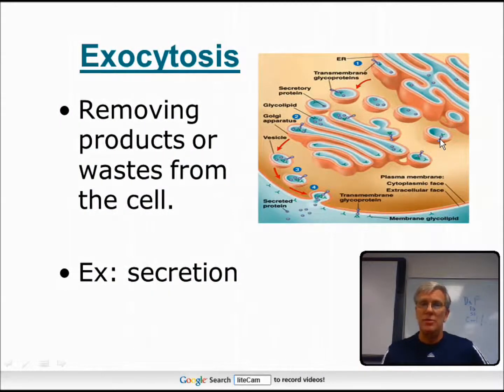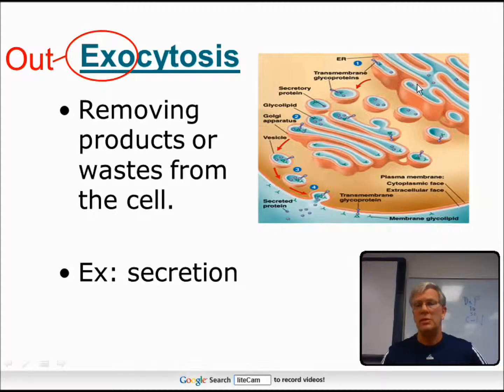If substances are moved out of the cell, we refer to that as exocytosis. Exo literally means out. And the example that I want to show you is where cells actually secrete substances. If you remember from our study of organelles, we know that ribosomes make proteins, and the proteins are dropped off in the endoplasmic reticulum.